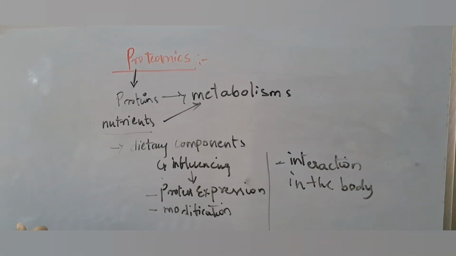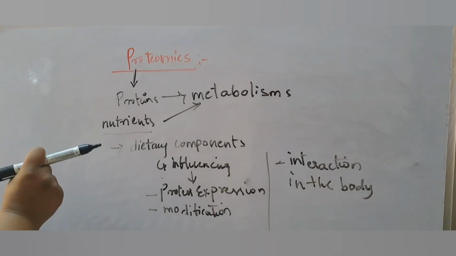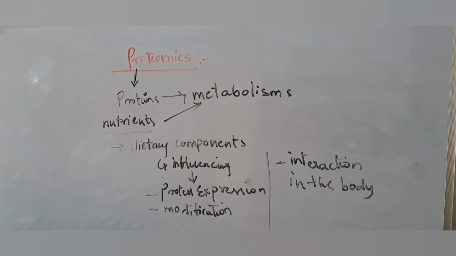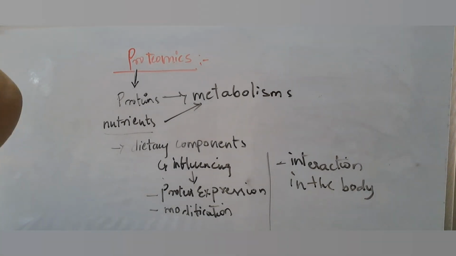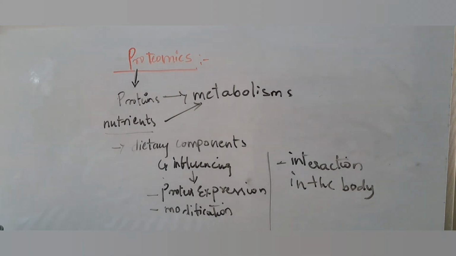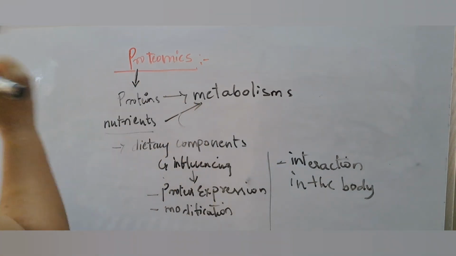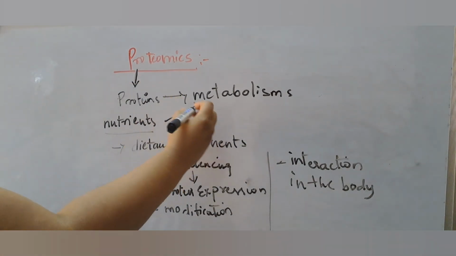So generally, the role of proteomics in nutrigenomics, first, is identifying nutrient response in proteins, that means certain proteins change their expression levels. For example, omega-3 fatty acids influence inflammatory protein expression. As I said before, for example, you are taking flax seeds.